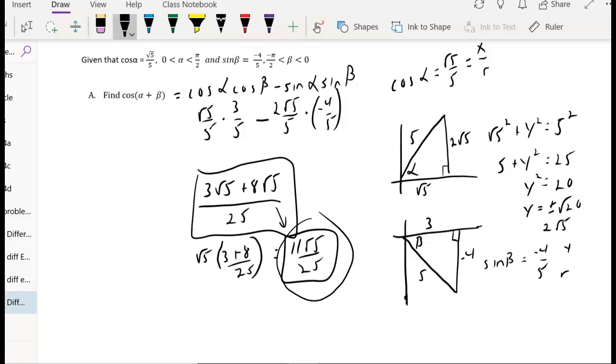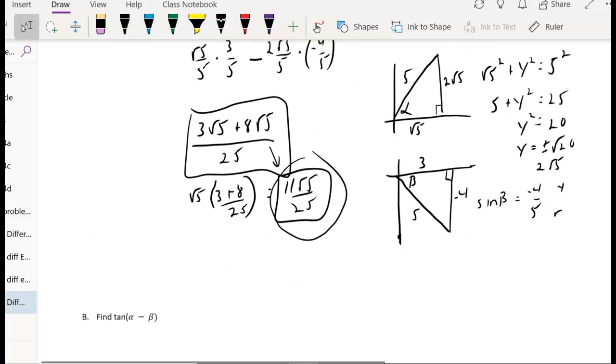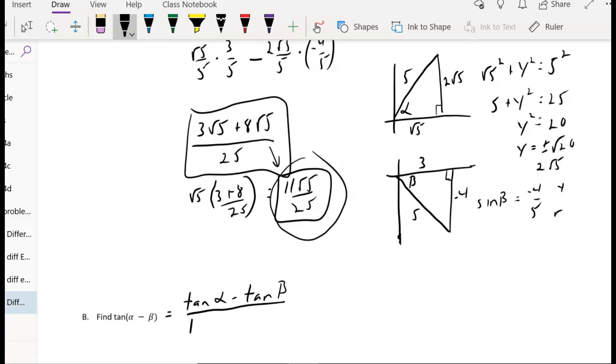Now we're going to keep the same triangles and look at a tangent. So here's tangent of alpha minus beta. Again, looking at the identities, we know that that's equal to the tangent of alpha minus the tangent of beta over 1 plus their product, tangent of alpha times tangent of beta.